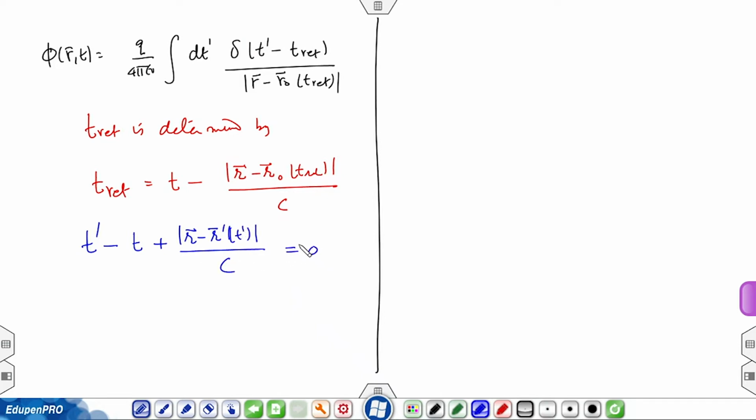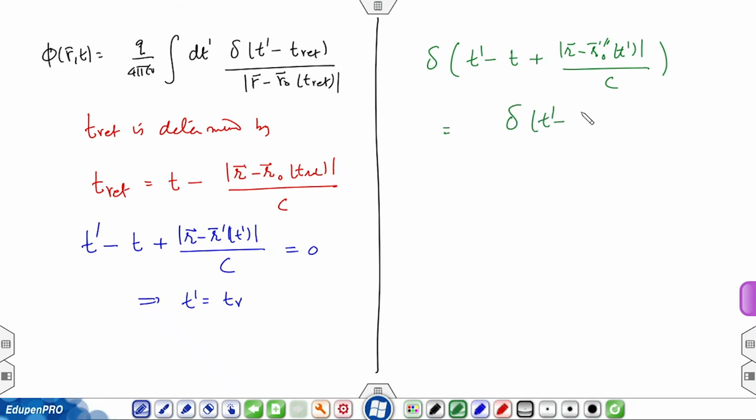So, this gives you the 0 of the delta function, at t prime equals t retarded. So, delta of (t prime minus t plus |r minus r naught(t prime)| over c) is going to be delta(t prime minus t retarded), which is the solution of this equation that I just wrote, divided by d by dt prime of (t prime minus t plus |r minus r naught(t prime)| over c) at t retarded.